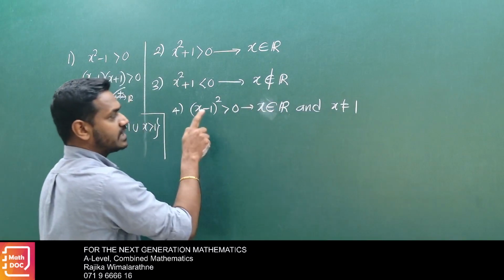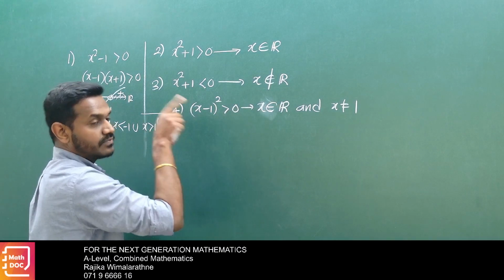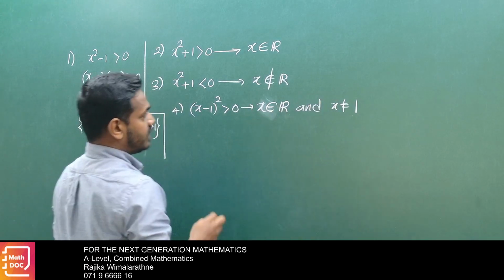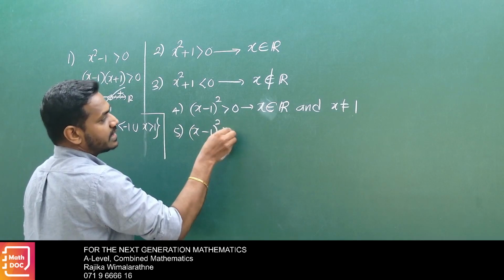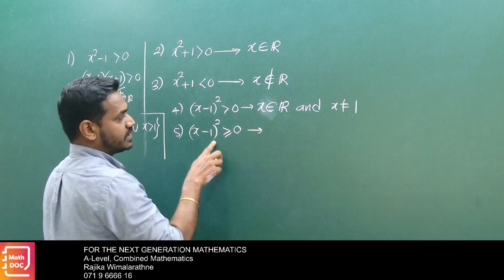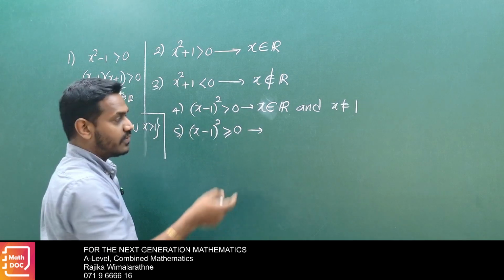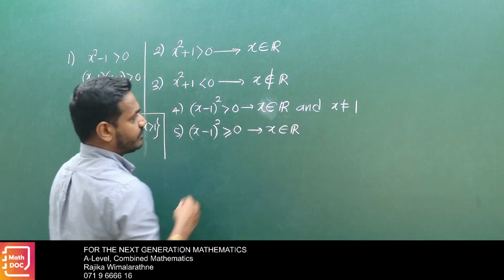When we put x equal 1, that is 0, but here we need positive values only. Then x minus 1 square greater than or equal to 0: when x equals 1, equal to 0 is satisfied, all the other cases are positive. Then here any real value.